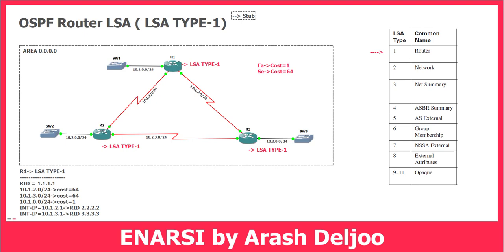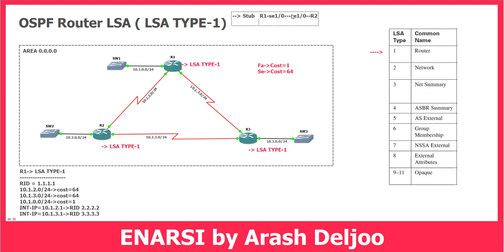Actually, this is a stub network, and also this is another stub network. A stub network means we have one neighbor over a point-to-point interface, or we are connected to one LAN without any neighbor. Actually, in these two types of networks, you see the term stub. R1 with the serial interface, without DR and BDR, is connected to R2.